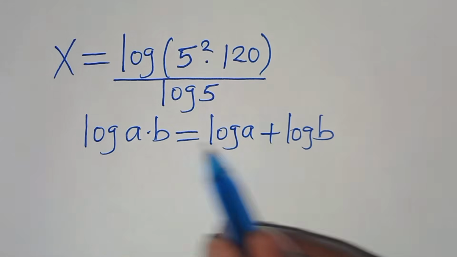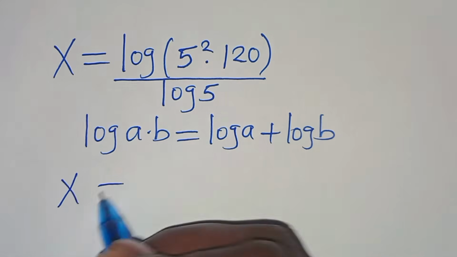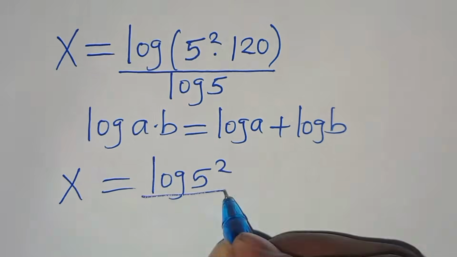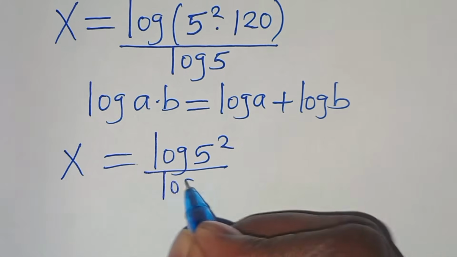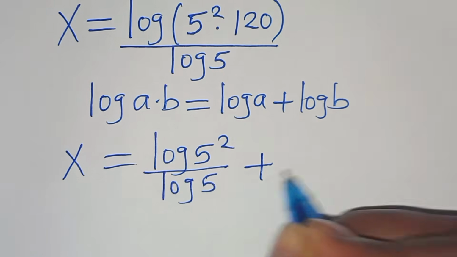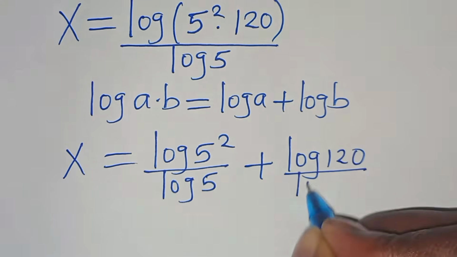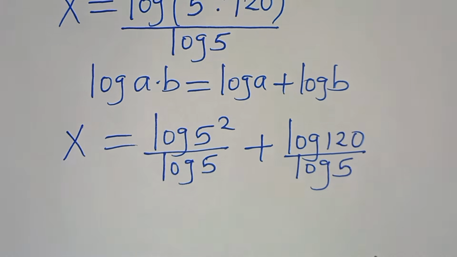Now applying this logarithm property, we have x equal to log 5 to the power of 2 divided by log 5, then plus log 120 divided by log 5.